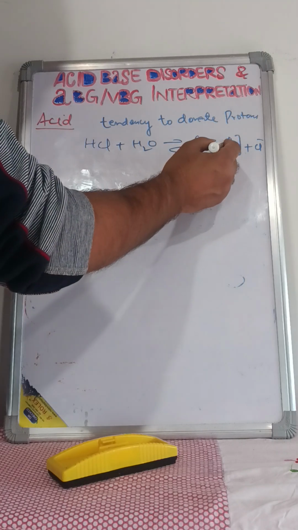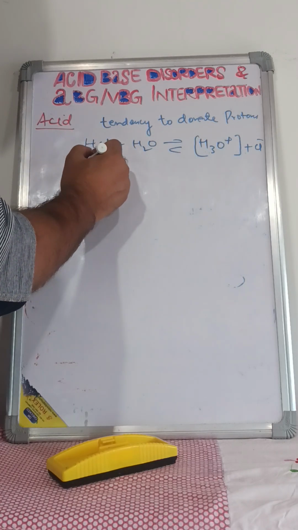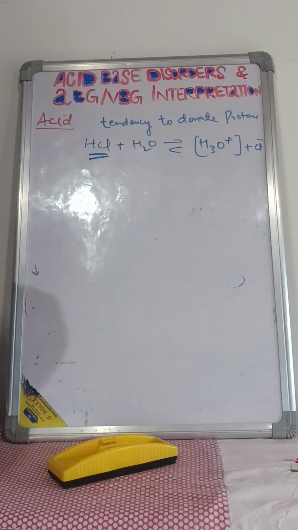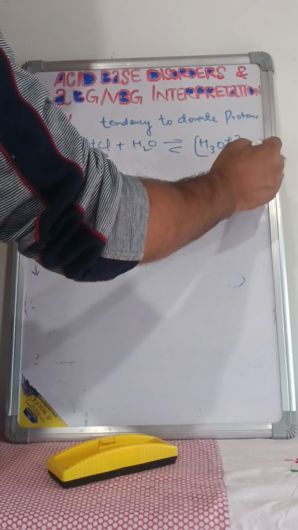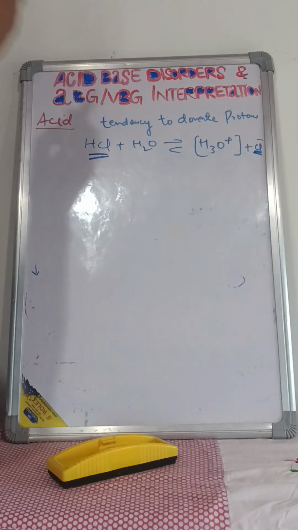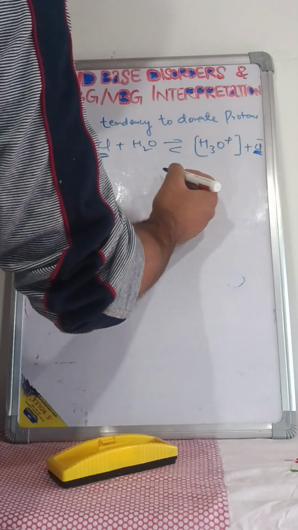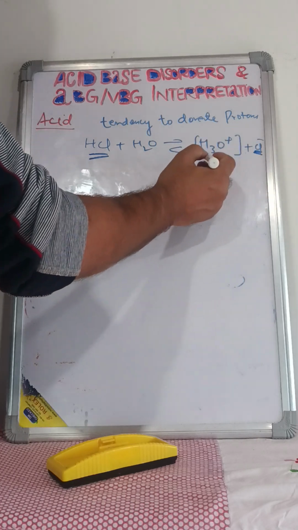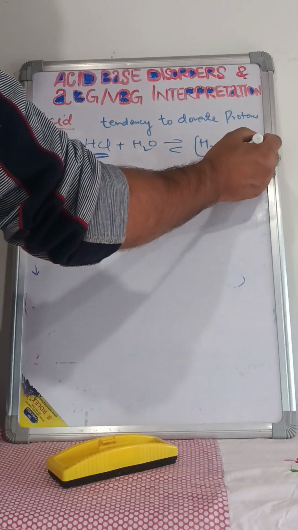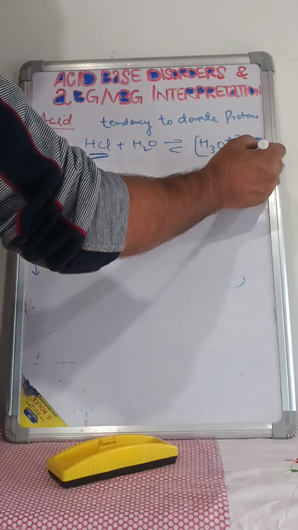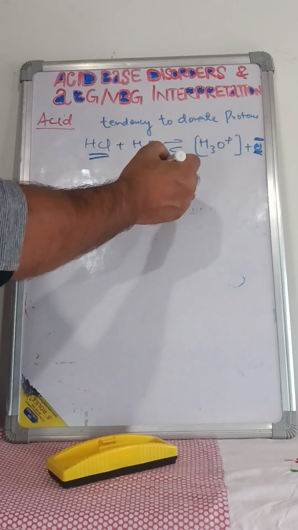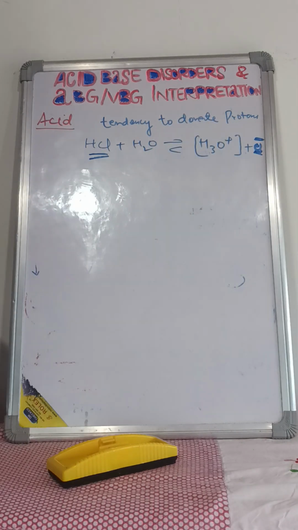This is the acid. And this is the base. This is its conjugate base. It will accept the proton. It has negative charge and it will donate this negative charge to some proton and will form HCl.